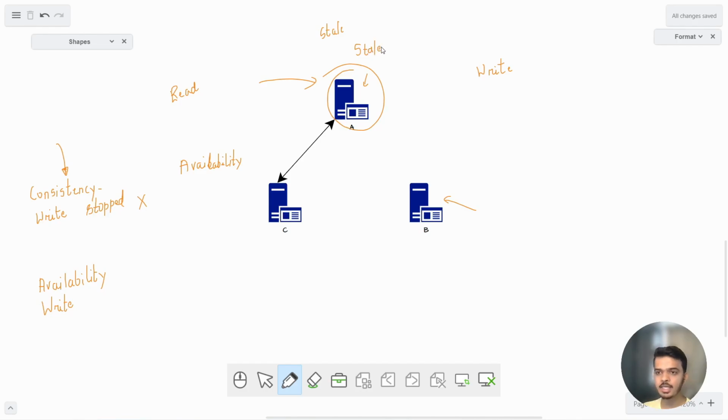Because you are guaranteeing availability, you cannot disallow reading from A or C. So you are guaranteeing availability, but the data that is being written on node B and the data that is being read from node A or node C is inconsistent. So when you are guaranteeing availability, you cannot guarantee consistency.